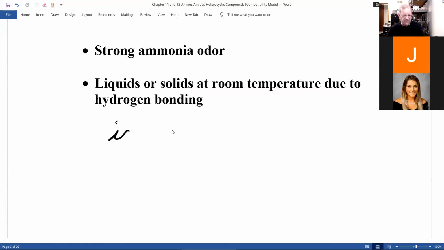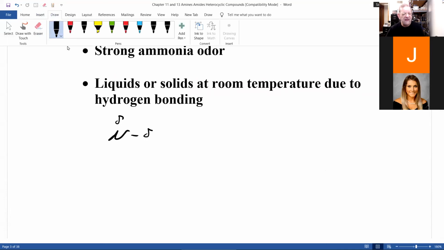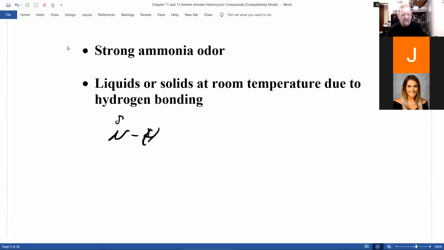If I have a nitrogen just like in water, and a hydrogen, and I have another nitrogen and a hydrogen or more, you can have hydrogen bonding. And that helps change the melting point and boiling point to be higher.